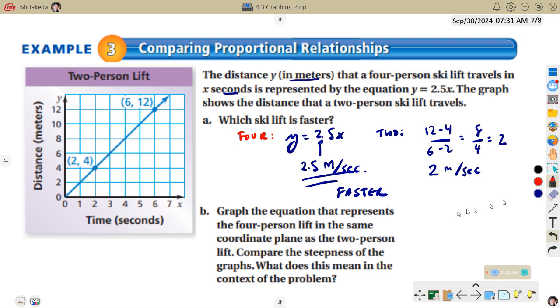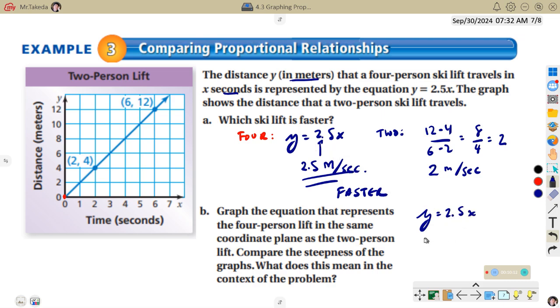Now, because we're dealing with proportions, I know that one of my points is 0, 0, and that means I only have to really graph one more point. So I'm going to make it easy on myself. So y equals 2.5 times x. There's my equation for this one. I'm going to use something easy.